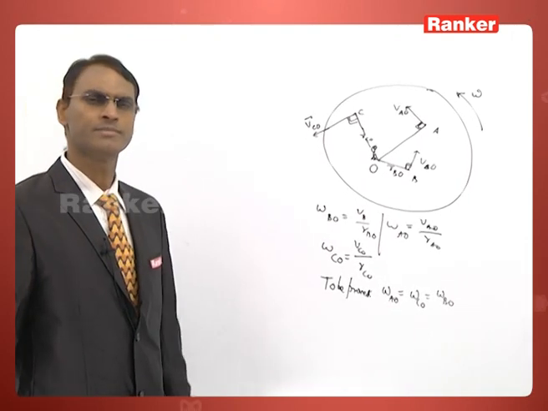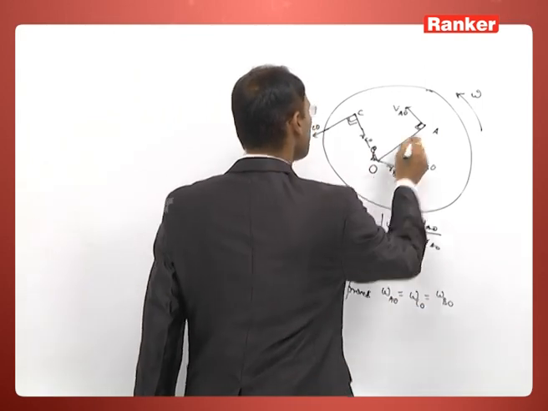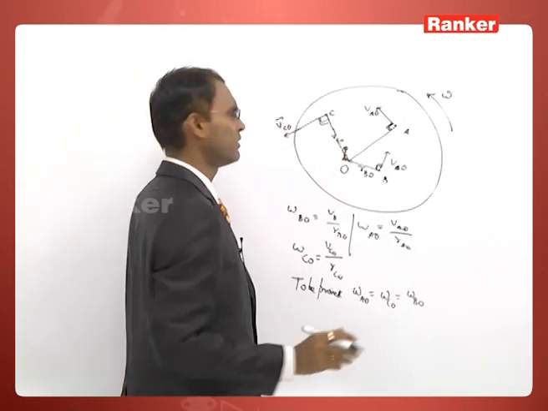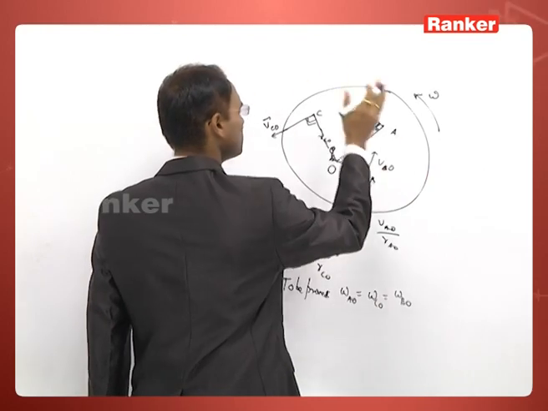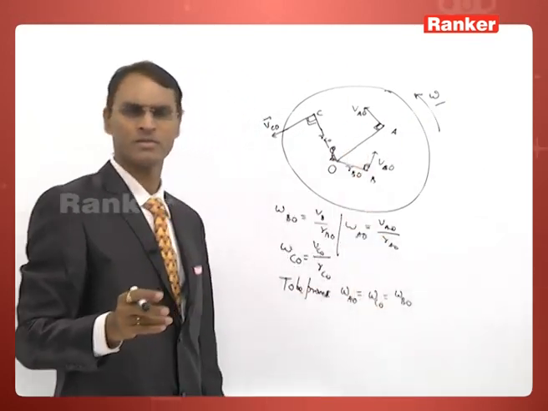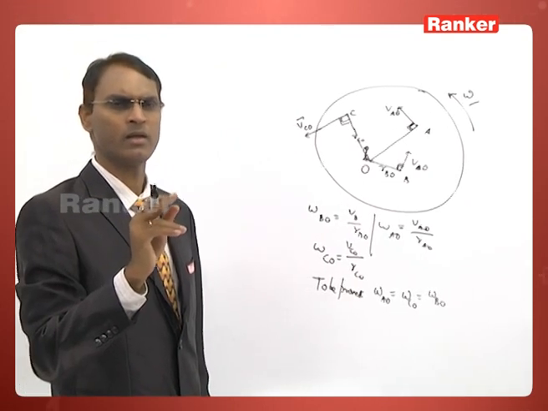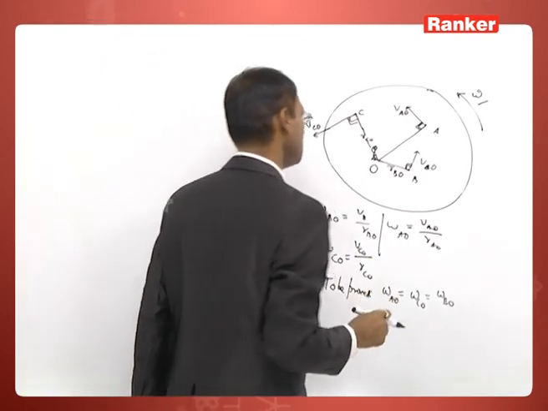It's quite clear. As you have discussed, any straight line drawn inside the rigid body, if the body is plane, rotating with omega, all the straight lines will rotate through the same angle during any time interval dt.